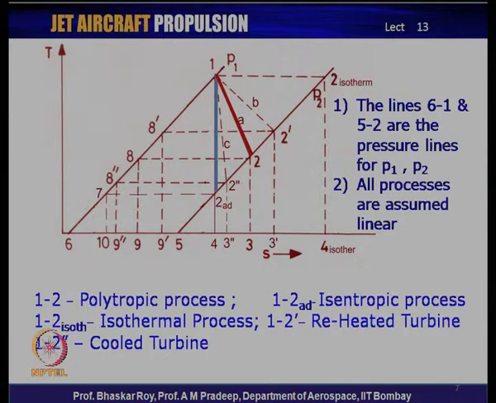And then we have 1 to 2 prime, which is a reheated turbine process. And then we have 1 to 2 double prime, which one may call, for absence of any other terminology, a cool turbine.